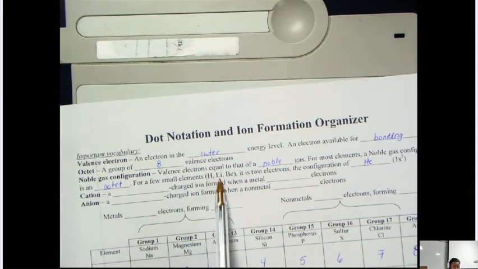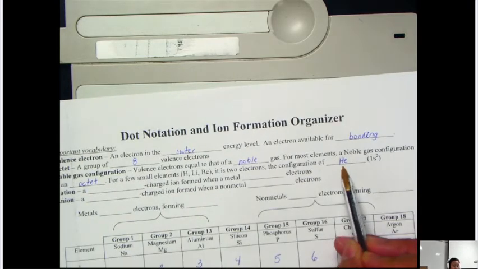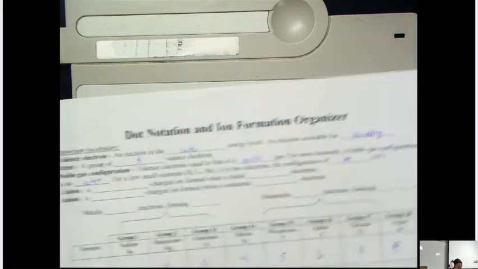Lithium has a total of 3 electrons. Beryllium has a total of 4 electrons. Because they are very small, rather than trying to get an octet of electrons for that stability, what they try to do is model helium, so have the 1 energy level with 2 electrons. That would make them stable.